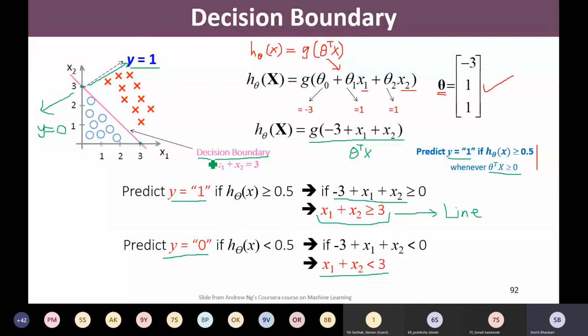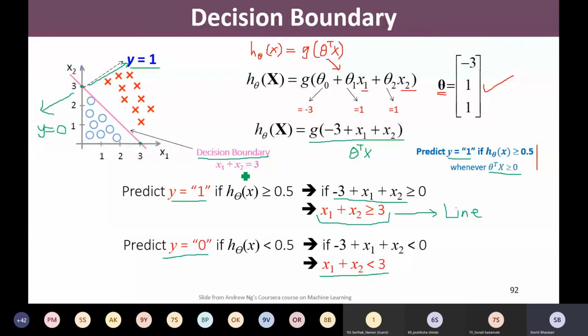We may come up with our decision boundary, and based on this decision boundary, it is possible to classify the samples. If an unknown sample comes in, simply we are going to compute x1 plus x2.